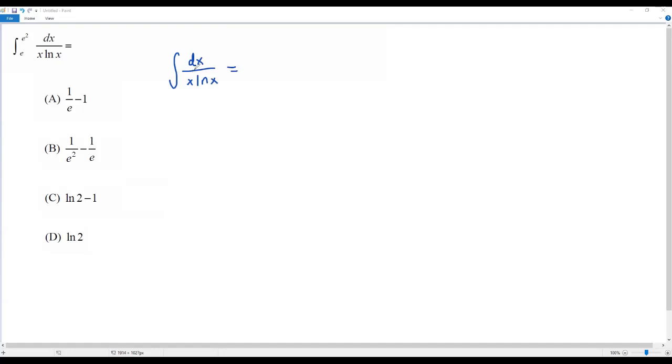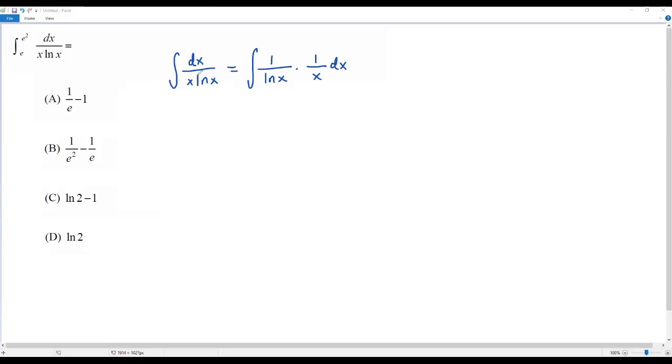Now what we can do is split up the stuff we have over here. When I split it up, I'm getting 1 over ln x times 1 over x times dx. I write the dx over here, and I write this x in the denominator separately as 1 over x. Then I have 1 over ln x.